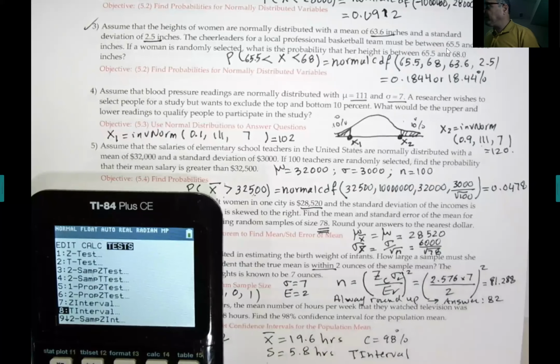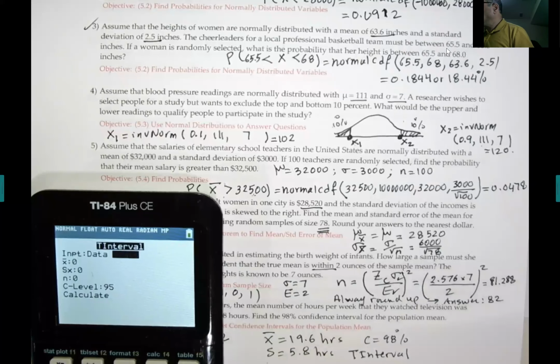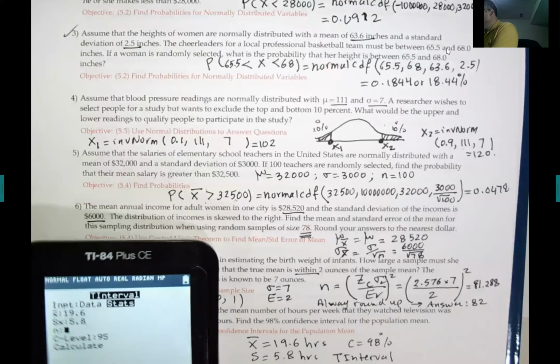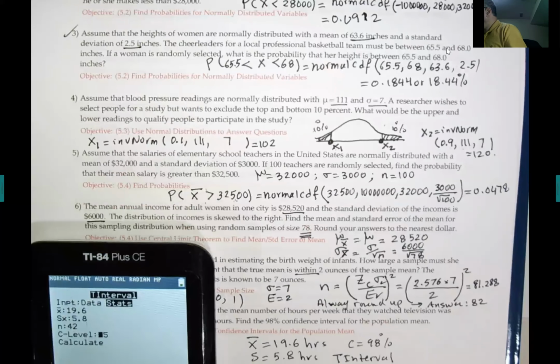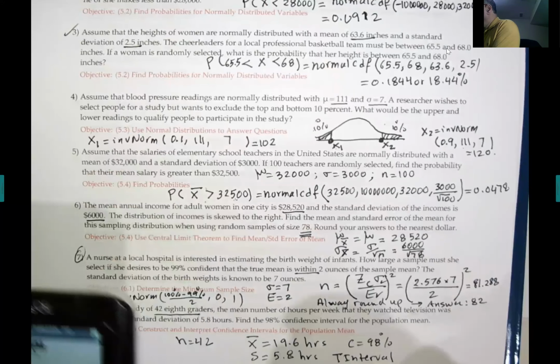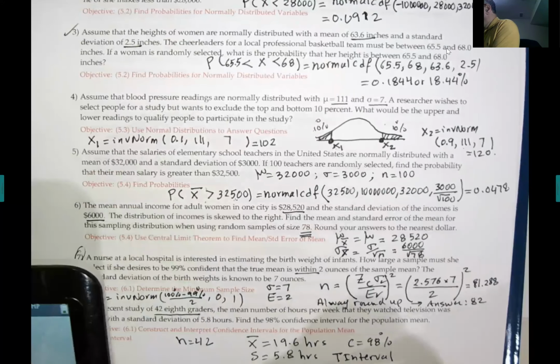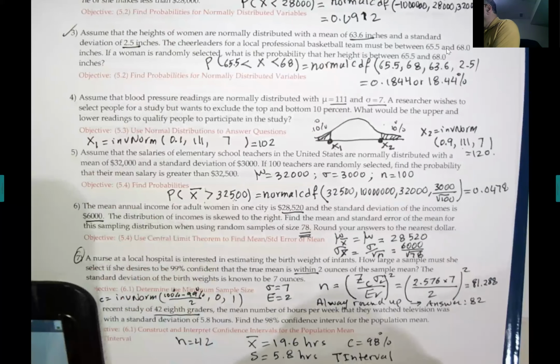So T interval, stats, x bar is 19.6, s is 5.8, n is, what was n? 42, and change the confidence level. It's 98. You can put 98 or 0.98. It will take it either way. Calculate. So I got 17.4 and 21.8.